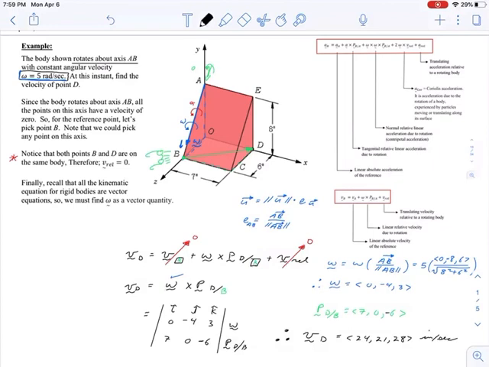And there you have it. We found the velocity of this rigid body, rotating about some line AB.